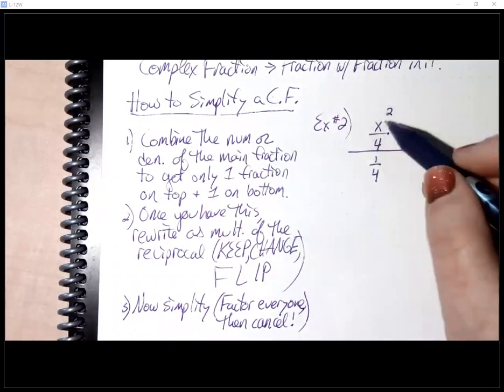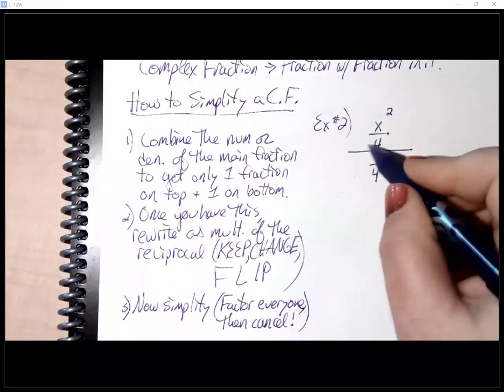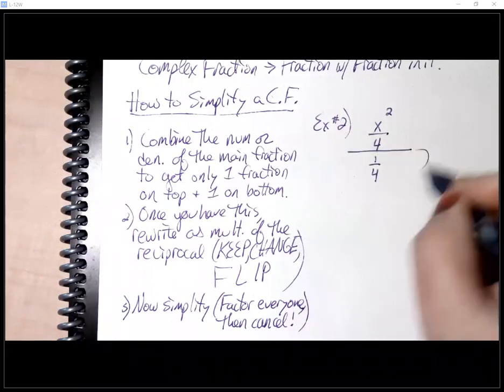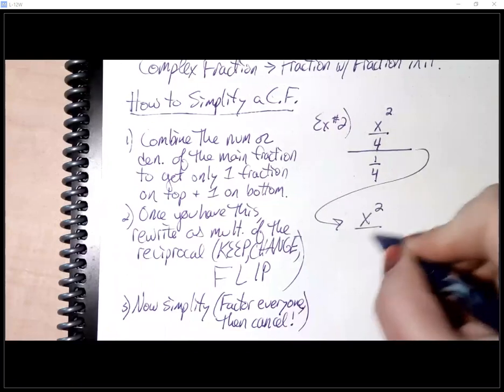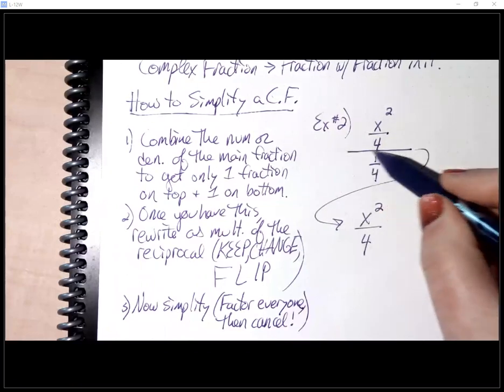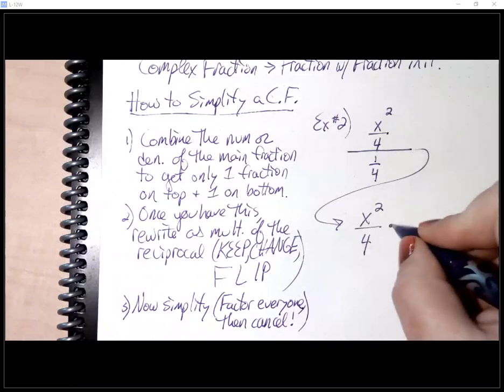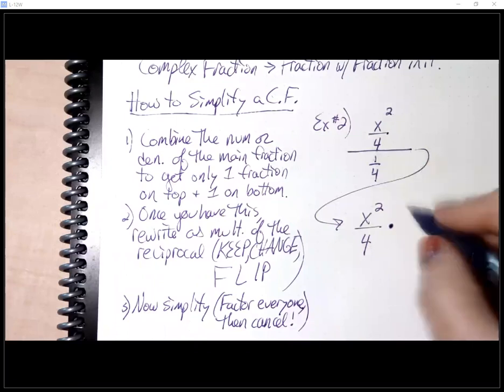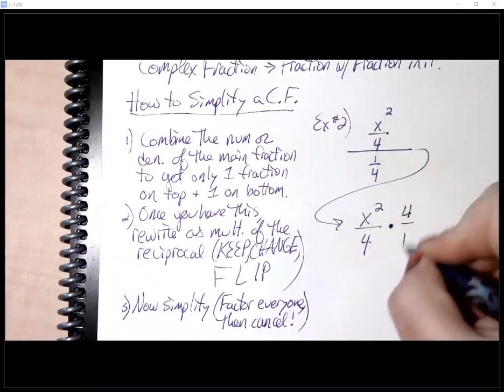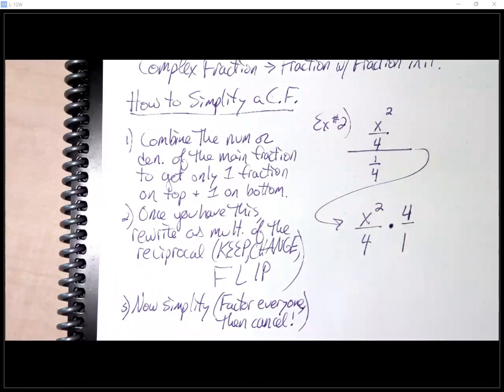So I keep that first fraction exactly as I see it, x squared over 4. I change the big fraction bar to multiplication. And then I take the reciprocal. I flip the bottom one, so that becomes 4 over 1. Now this is a multiplication problem. Factor everybody. There's no one to factor. And now I can cancel.